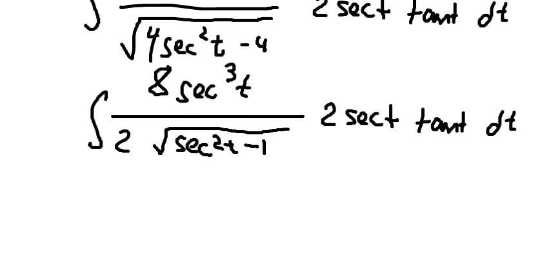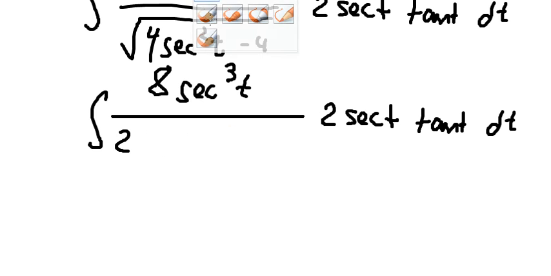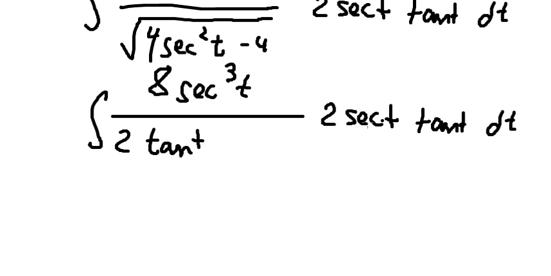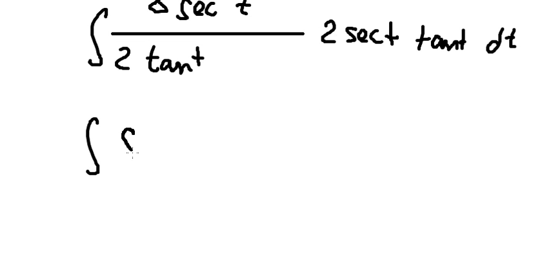This one you got tan t squared. The square root of tan t squared, you got tan t. We simplify 2 and tan t, and we got 8 secant of t to the power of 4 dt.